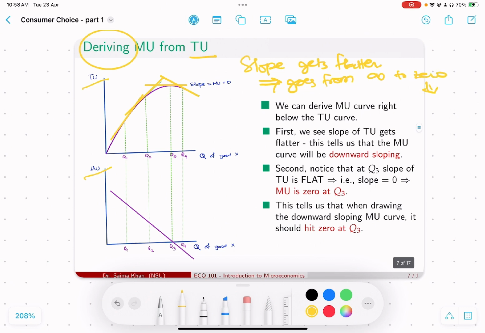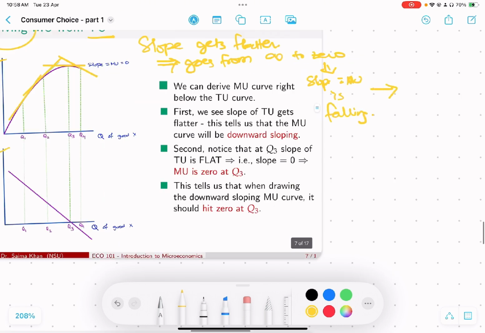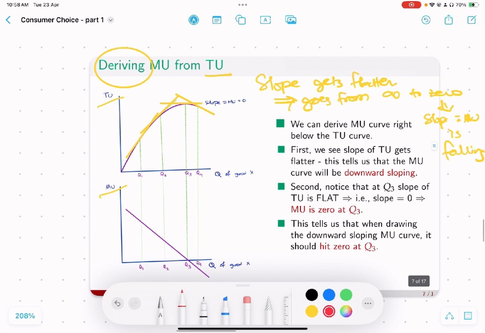What that essentially tells me is its slope, which is the MU, is falling. When I'm going to draw my MU curve, it will be downward sloping. Okay, so that's the first information I am getting from this action of the slope. This tells us that the MU curve will be downward sloping.